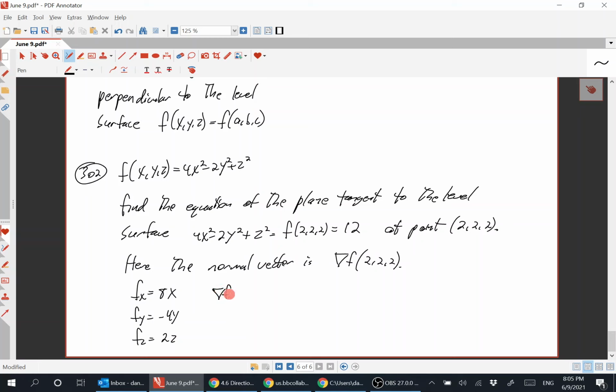So the gradient of f at x, y, z is 8x, minus 4y, and 2z. So the gradient of f at 2, 2, 2 is 16, minus 8, 4. And that is the normal vector.